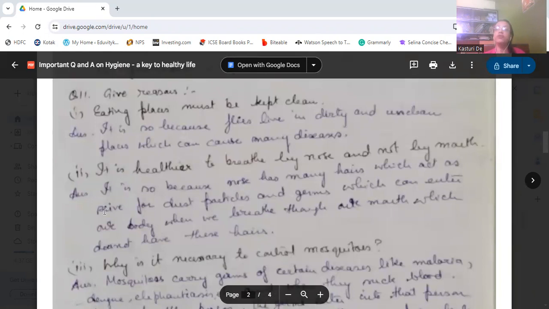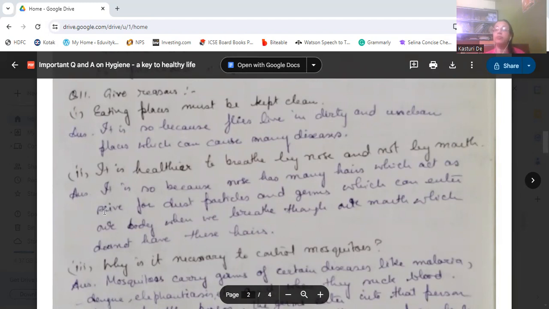So when we breathe through our nose, the dust particles and germs in the air get trapped in the hairs of the nose, and they do not get inside our body, inside our lungs.